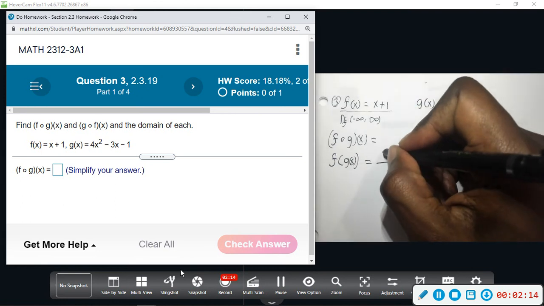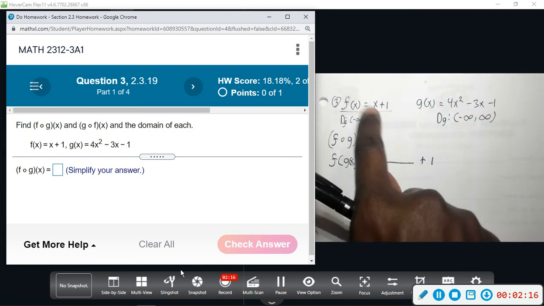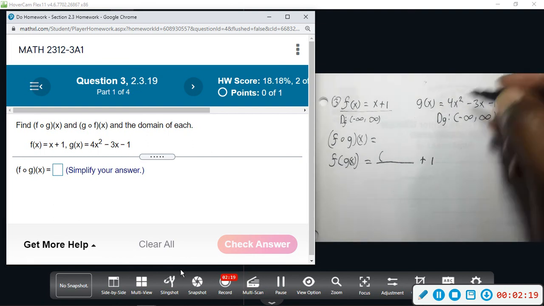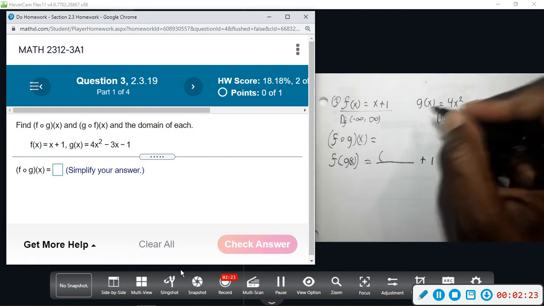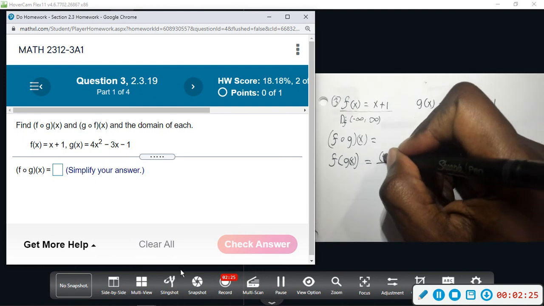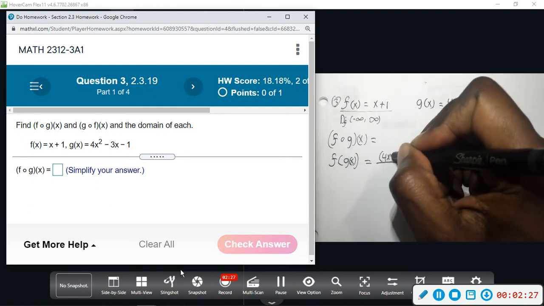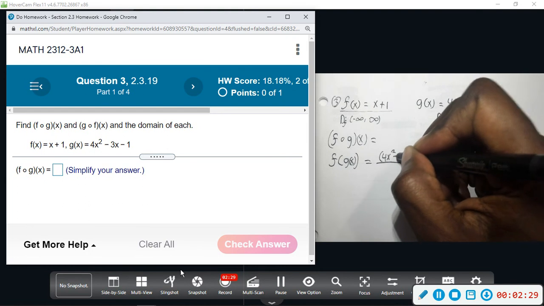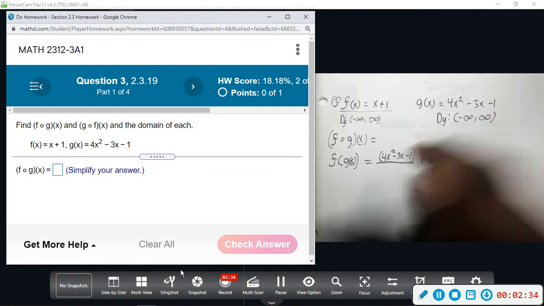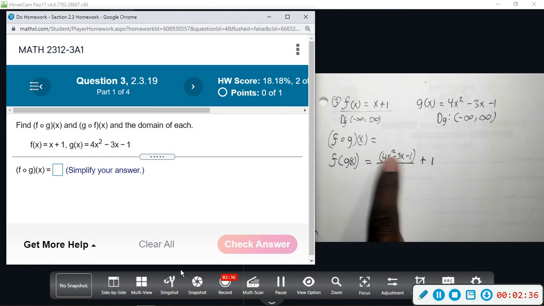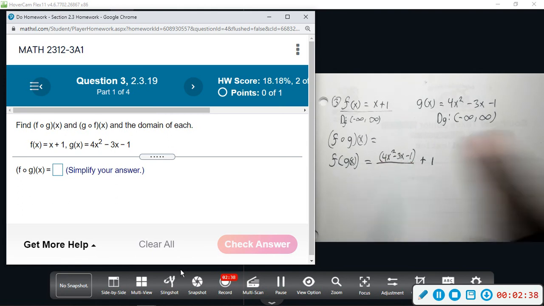Normally I would plug that in parentheses. You don't really need it because x is not being multiplied or squared. But just for the sake of continuity, we'll do it. So we're going to do 4x squared minus 3x minus 1. And then from here you can drop the parentheses because you don't have to solve anything.